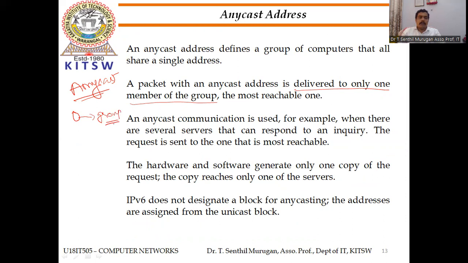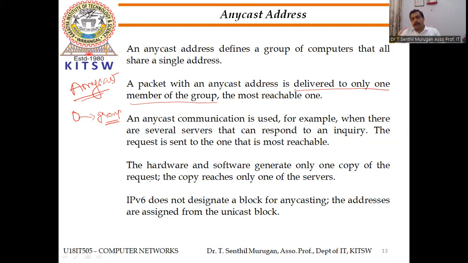All the members of the group receive the same copy. That is multicasting. Okay. So example, our WhatsApp group messages. If I post one message, all the students receive a copy of the message. That is multicasting. But anycasting means any one person from the group will receive the message. Okay, that is anycasting.